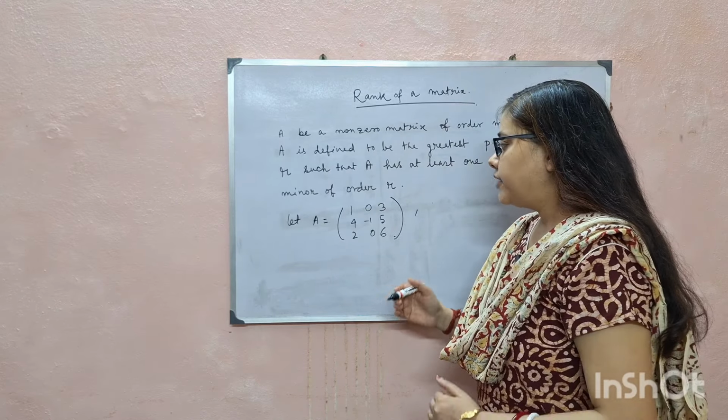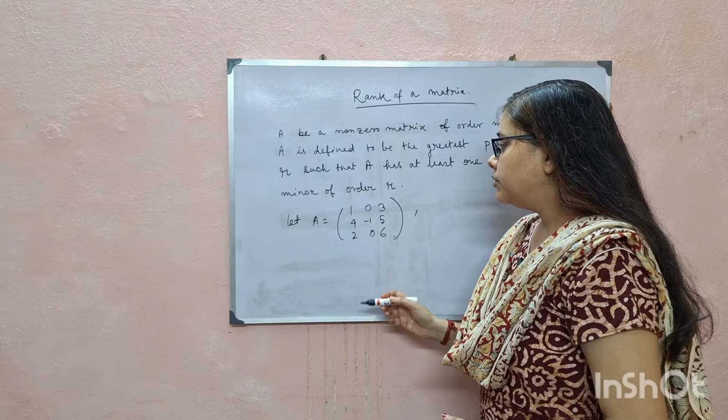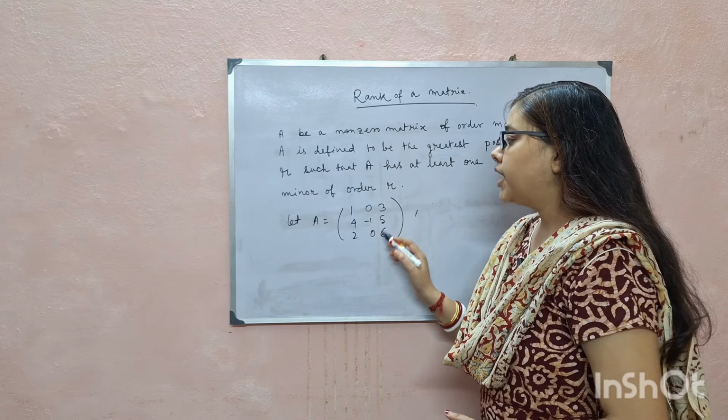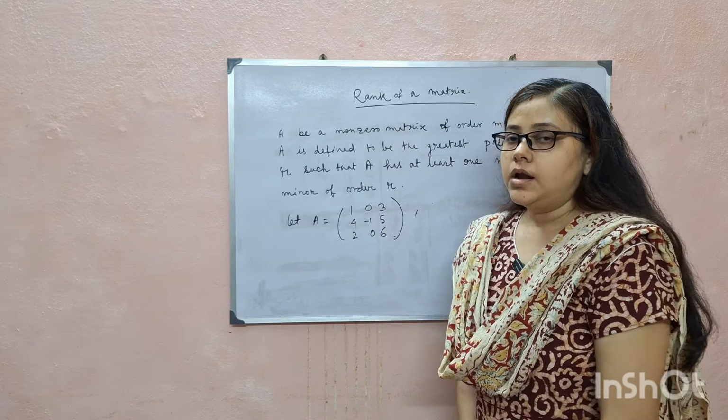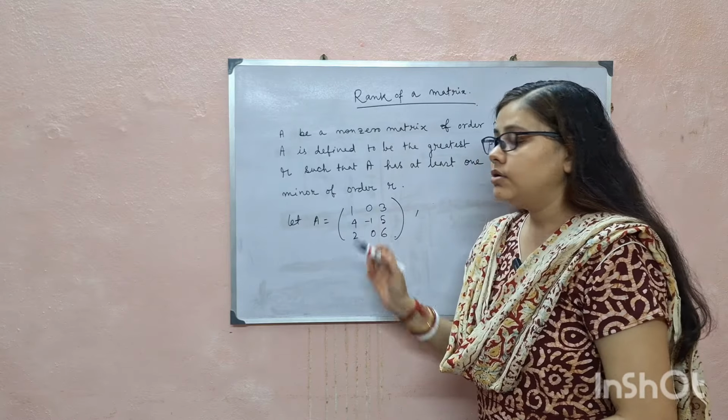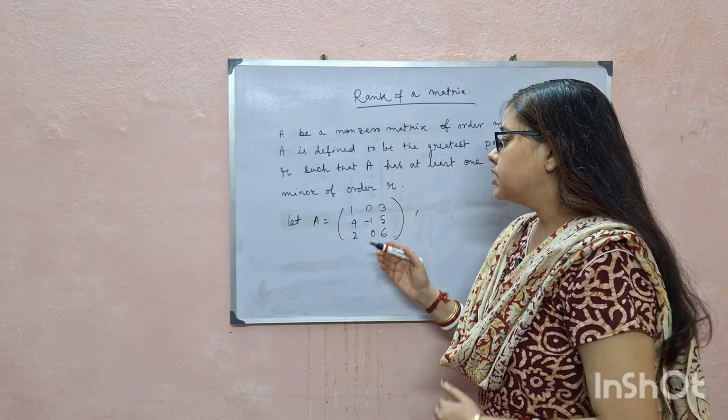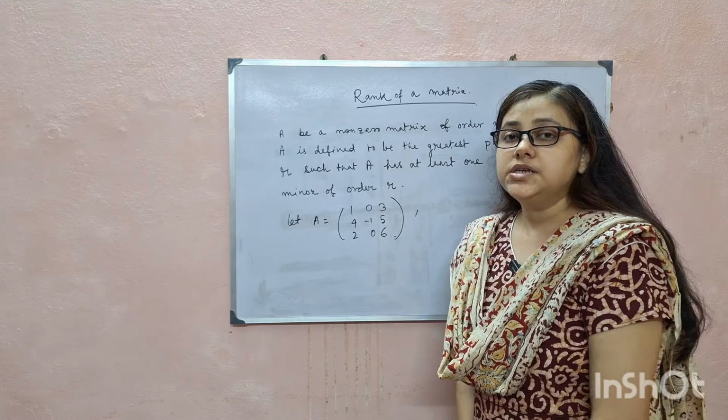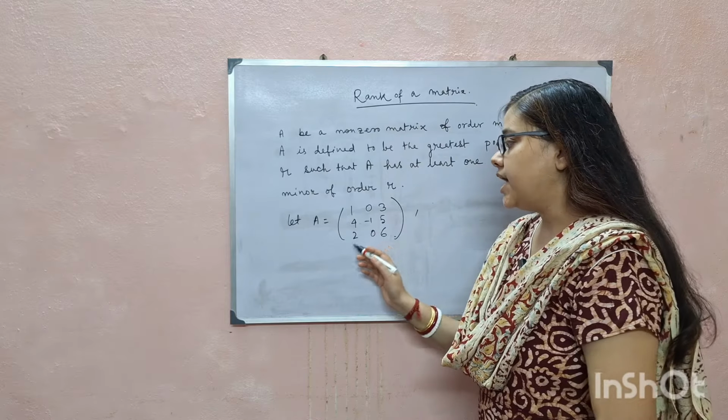Now at first we will have to start with the greatest order minor of A. What is the greatest order minor of A? The greatest order minor of A is the determinant of the matrix A itself.